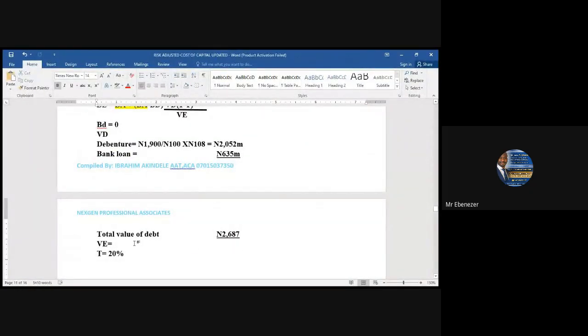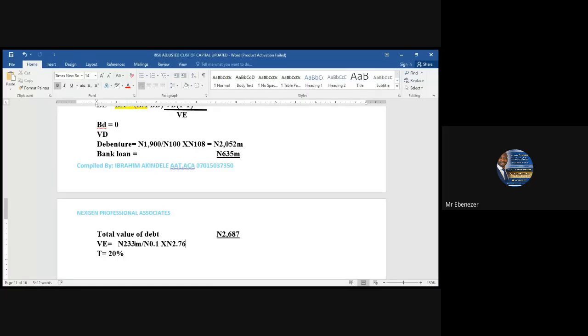What is the book value of equity? 233 million divided by the nominal value 0.1. So convert that one. What do you have? 276. That is 2.76. We've done this before. You can check cost of capital part 2.